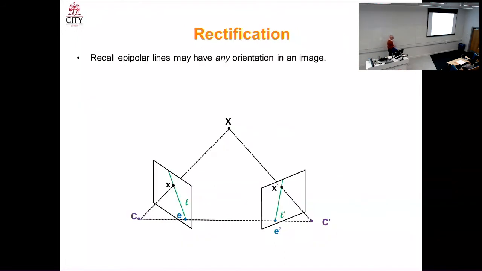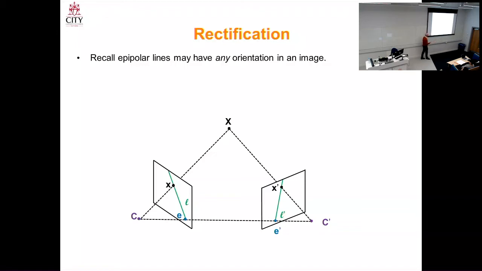Okay, so we talked about how the fundamental matrix is really helpful for reducing the amount of computation, so you can search on a single line and find correspondence. And that's great, but sometimes that's a little inconvenient because I can go find this epipolar line in this image, but it's on kind of a weird angle, okay?